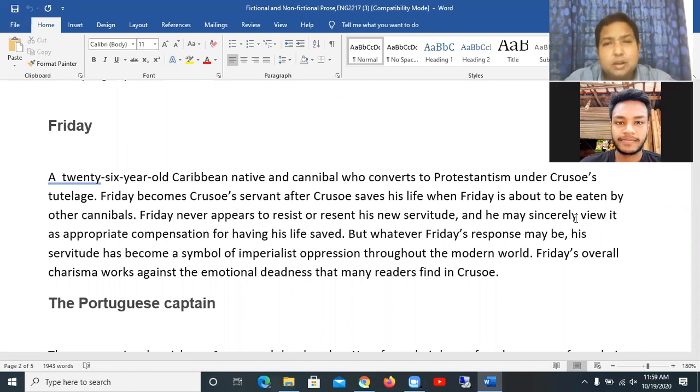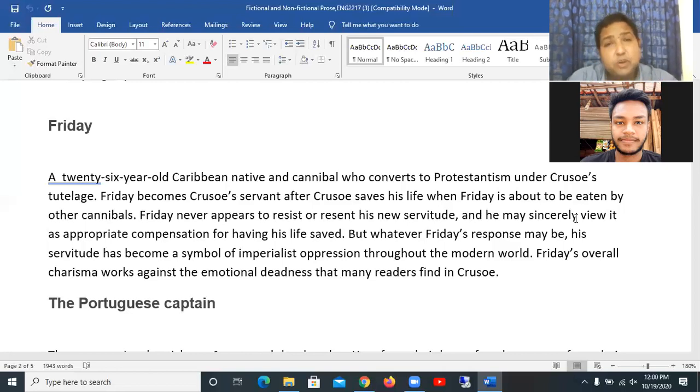So Crusoe is emotionally dead, but we find a new charisma in the novel from the character of Friday, who is very much agile and emotional. The emotion that is not there in the character of Mr. Crusoe, we find from the character of Friday.